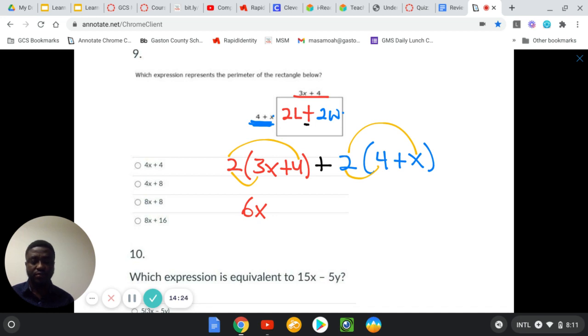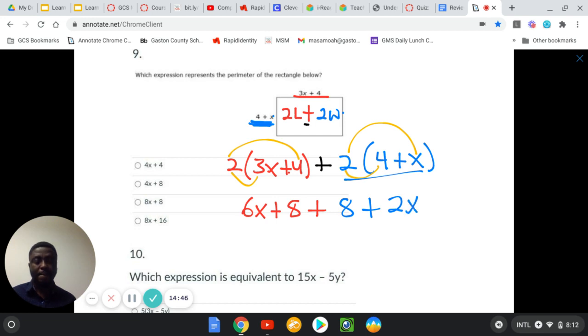Then 2 times 4, which is 8. Then I don't forget my operation sign, very important. My operation sign here, and then I will do the same thing to this. 2 times 4 plus 2 times x. 2 times 4 is 8, plus 2 times x is 2x.